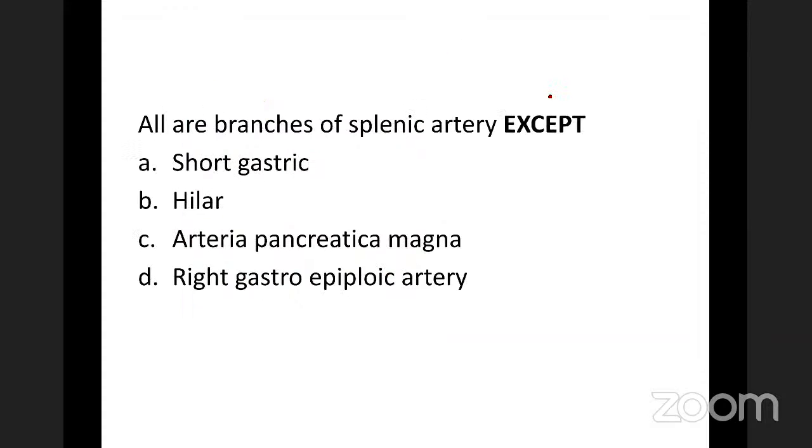All are branches of splenic artery except right gastroepiploic artery. Right gastroepiploic artery was actually a branch of gastroduodenal artery, whereas short gastric artery is a branch of splenic, hilar artery is a branch of splenic, arteria pancreatica magna is a branch of splenic artery.